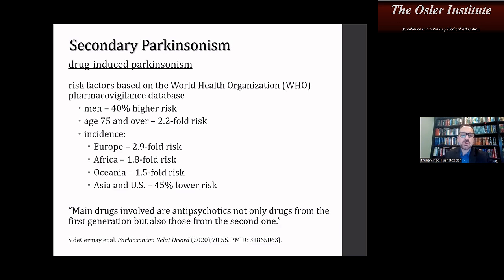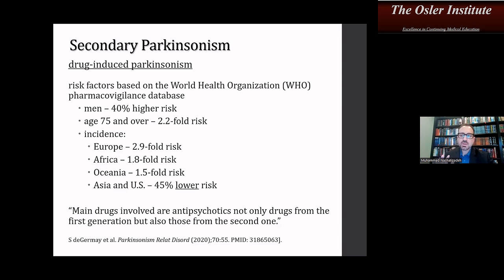And so you see, for example, in Europe, there's almost threefold risk of this versus 1.8-fold in Africa and 1.5-fold in Oceania. But then in Asia and the United States, in comparison to the rest of the world, overall, there's about a 45% lower risk. Some of that may also involve access to the newer second generation medications that may be less likely to be involved.